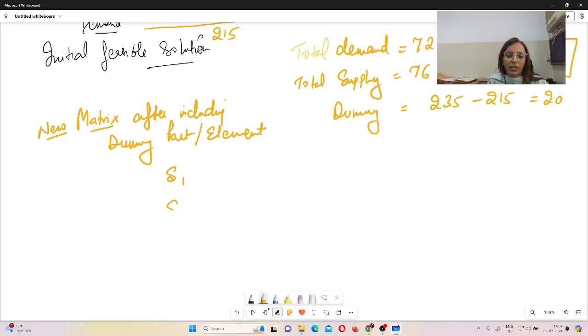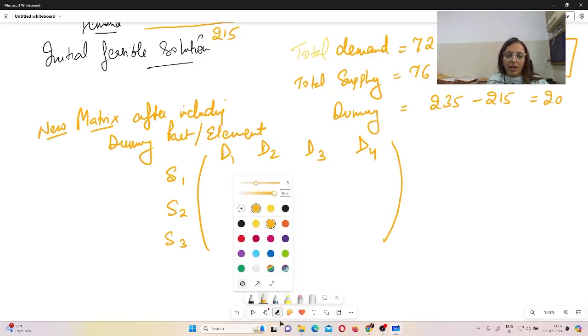So write S1, S2, S3, and now we have D1, D2, D3 as per the question. But now we have created one dummy, the D4 column, and the rest of the information is the same as given earlier. So write down all the values as given. The value given is 488, so write it over here as 488.